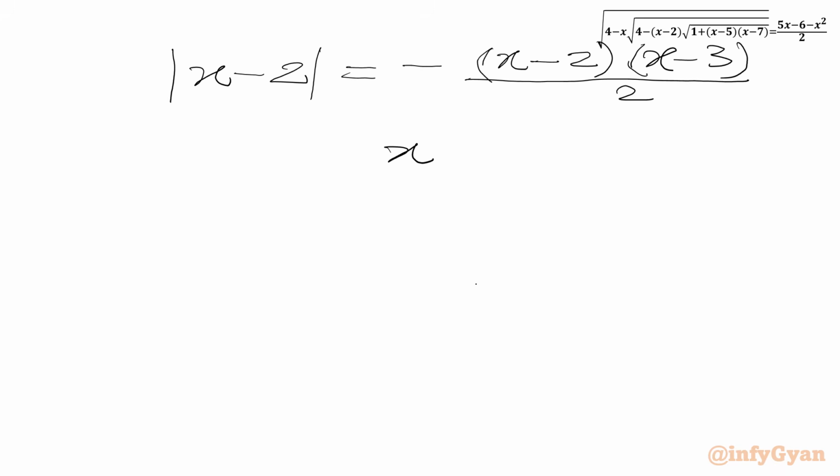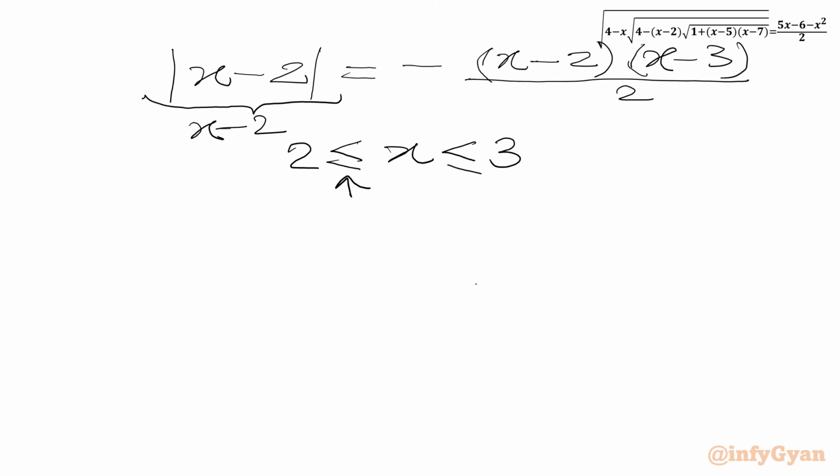As per our condition on x, x should be in the interval 2 to 3. Equality is there. So we'll be writing x minus 2 over here. Mod of x minus 2 will be equal to plus x minus 2. So in LHS we have x minus 2.